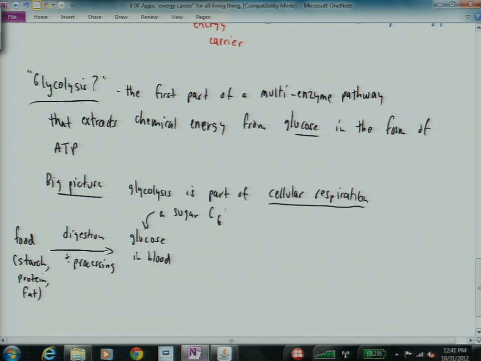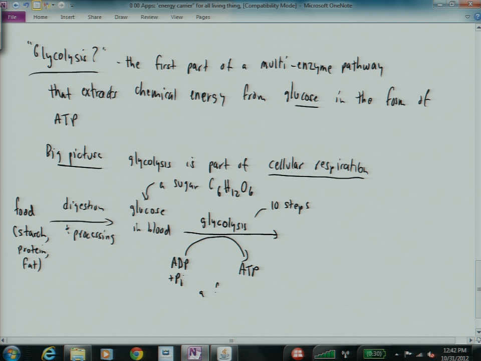And glucose in your blood is converted by glycolysis, which is actually 10 steps. If you see it in the book, it's kind of complicated. And there's some ADP and phosphate, which are converted to ATP. So we actually make, in that vernacular, we make some ATP, a few. Gets converted to a molecule called pyruvate, which is going to be really important on Friday.